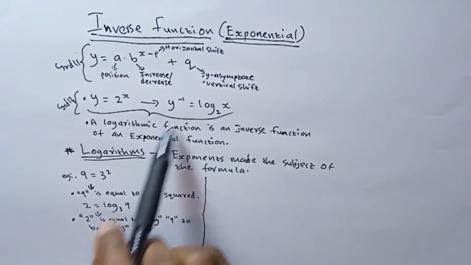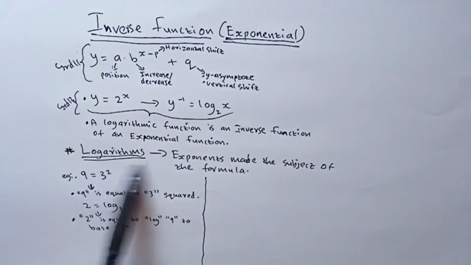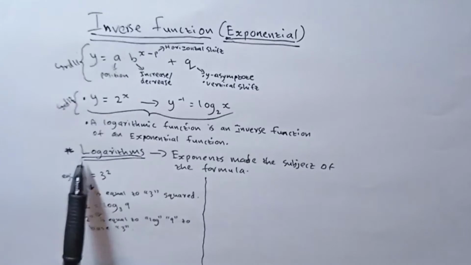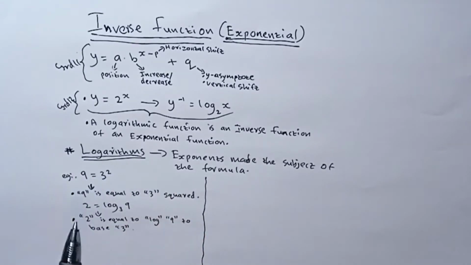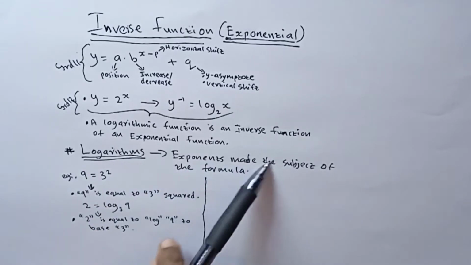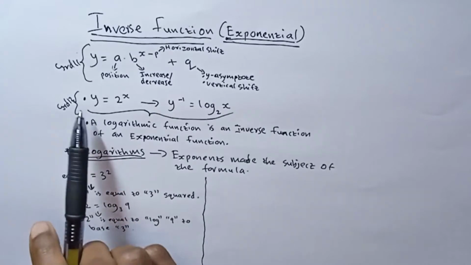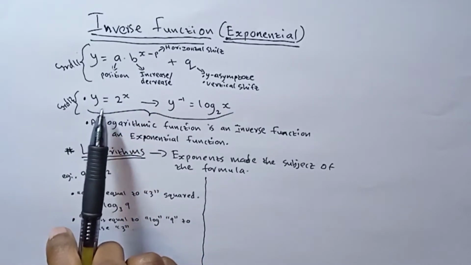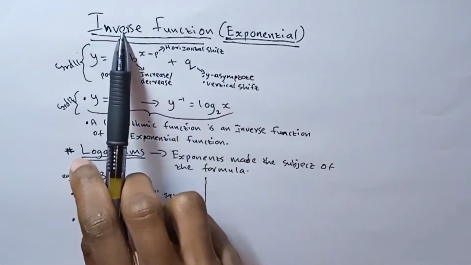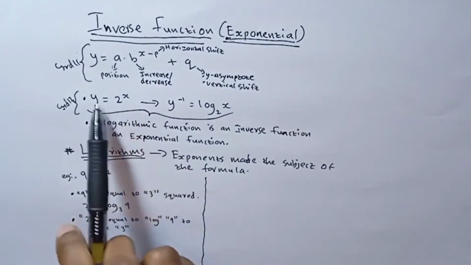But when you talk about a logarithm, it is basically an exponent made the subject of the formula. So logarithms are exponents made the subject of the formula. That's why when we have y equals 2 to the exponent x, when you're going to do an inverse function of exponential, you'll have to swap.